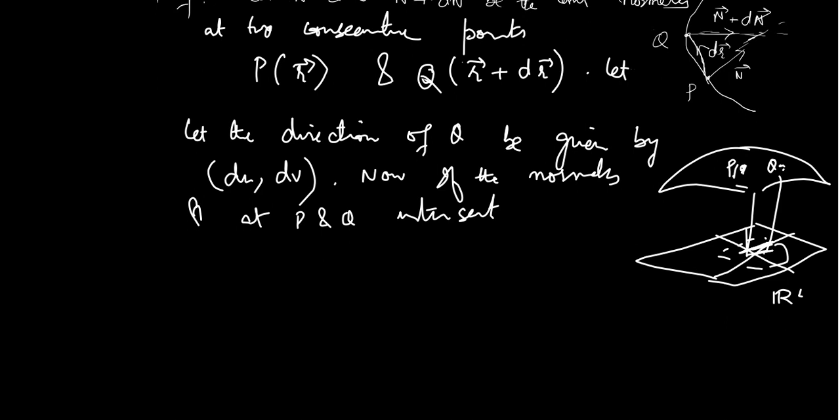They must be coplanar, because obviously enough, if two lines intersect, they lie inside a plane. So if that is the case, they must intersect. Then they must be coplanar. Then vectors n, or let me write n plus dn and dr must be coplanar.